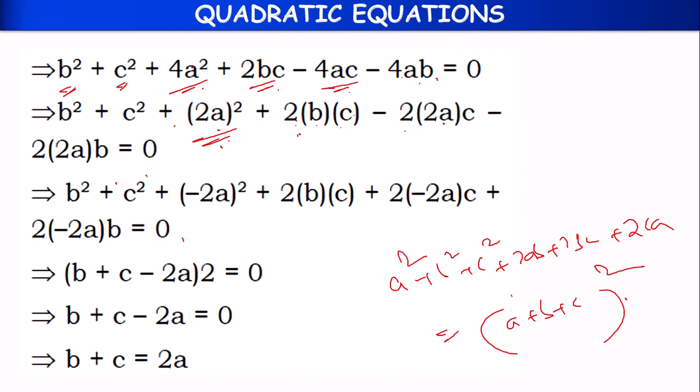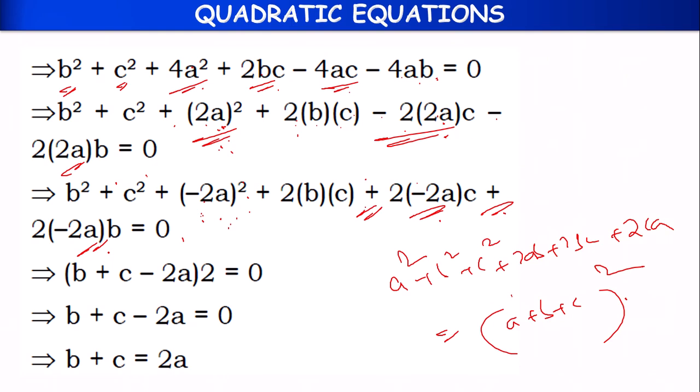Again for this 2a, we can write it as minus 2a whole square. Then also value will be the same. So then here we can keep plus here and we can keep minus 2a, so that plus into minus will be minus. Here also we can keep plus here. For 2a we can keep minus.